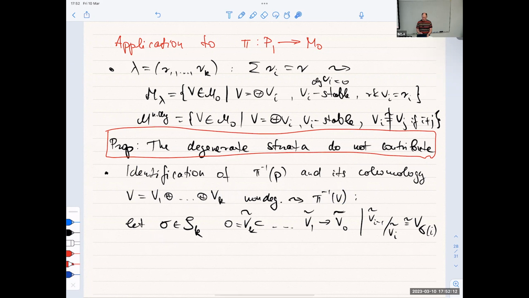You fix an order of these components, where sigma is a permutation, and then you look at bundles V tilde whose components, the components of VI, are in a particular order.